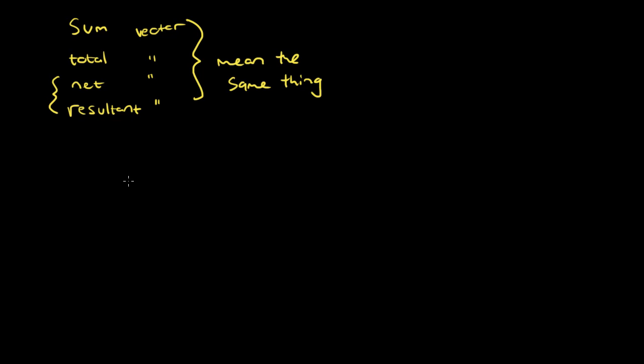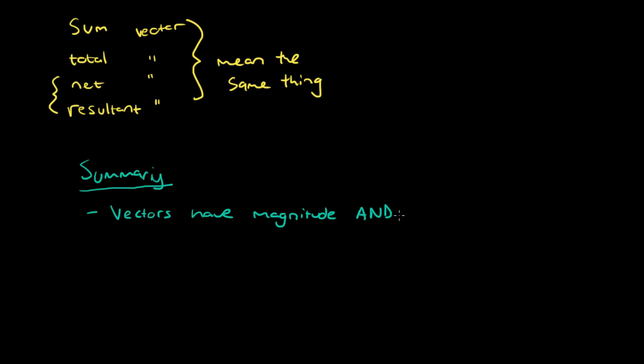So to round off this lesson, just to summarize what we've learnt, revision-wise, vectors have magnitude and direction, which is super important.